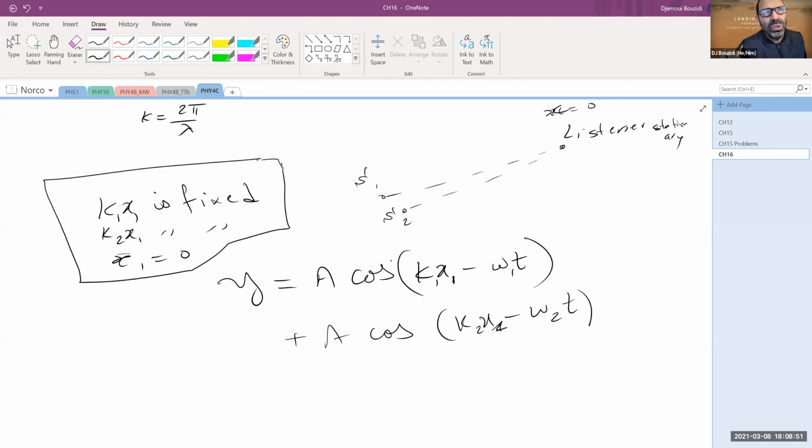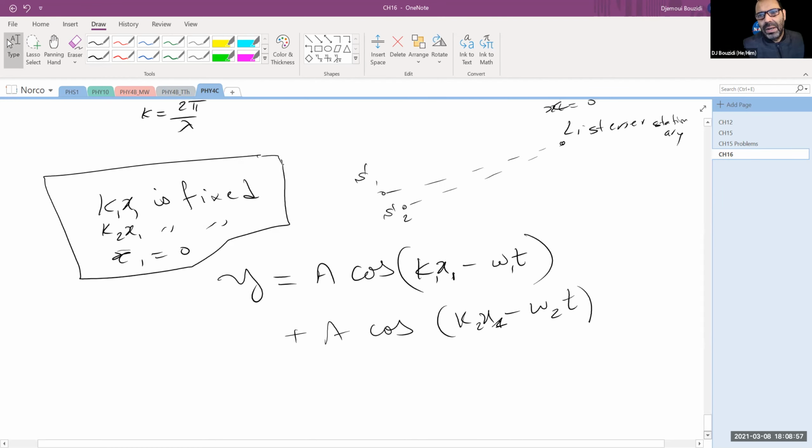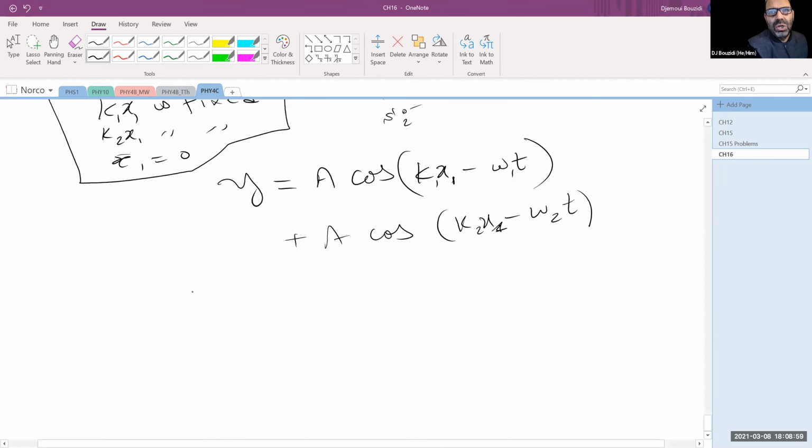So I'm going to take x1 equal to 0 just to make the algebra easy, to make the discussion easy, okay? So for x1 equals 0, that means I'm calculating distances from that point on.